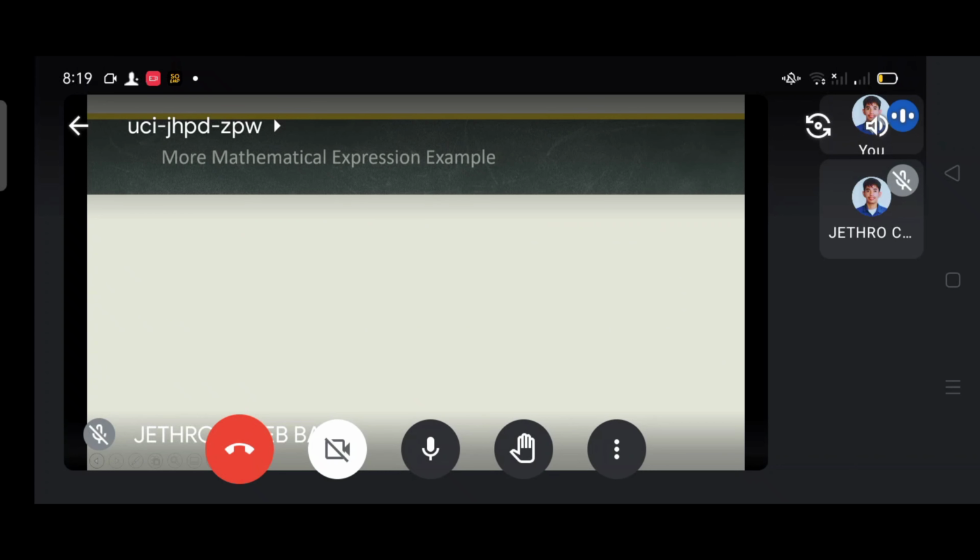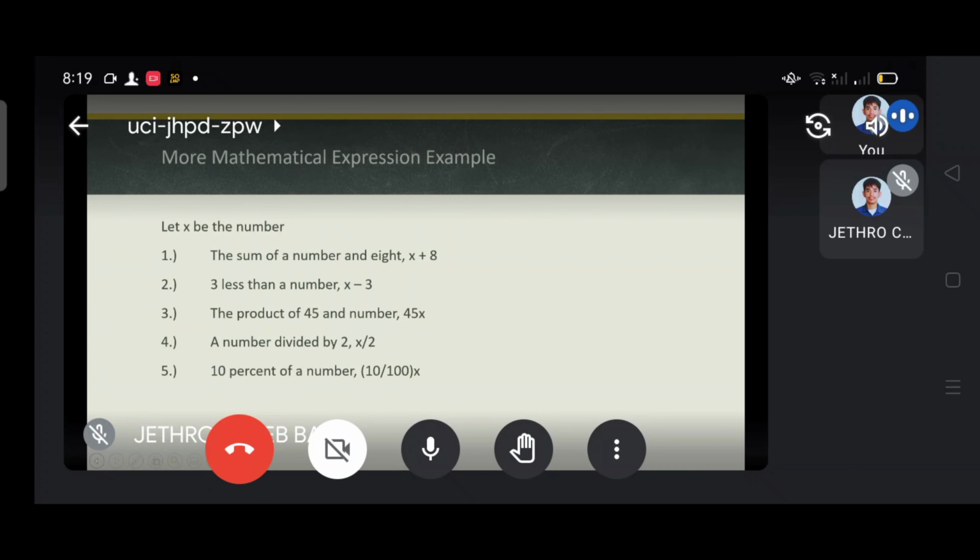Here are more examples of mathematical expression. Let x be the number. Katulad ng sinabi ko sa inyo, yung tinutukoy na number dito in this example is the variable x. Okay. First example, the sum of a number and 8. Sum, it means positive. The number na tinutukoy ay x and then 8.